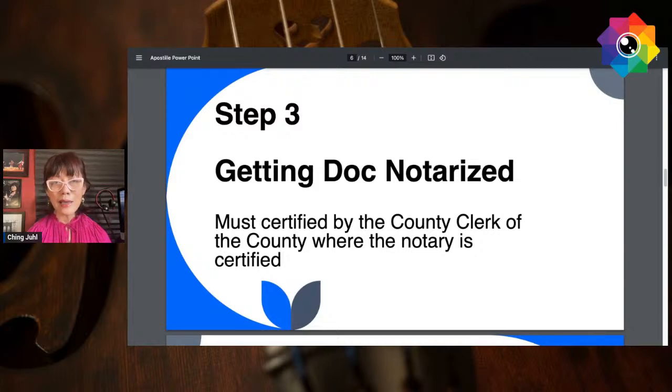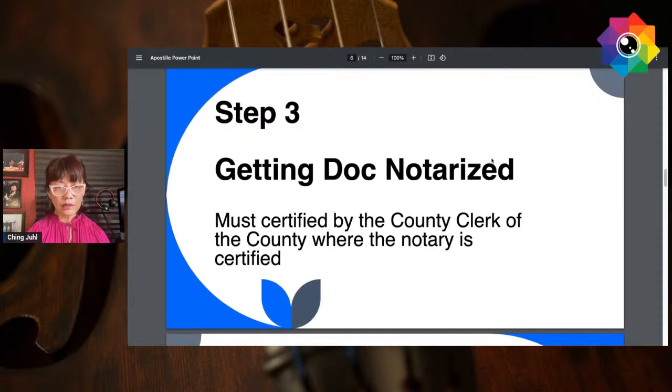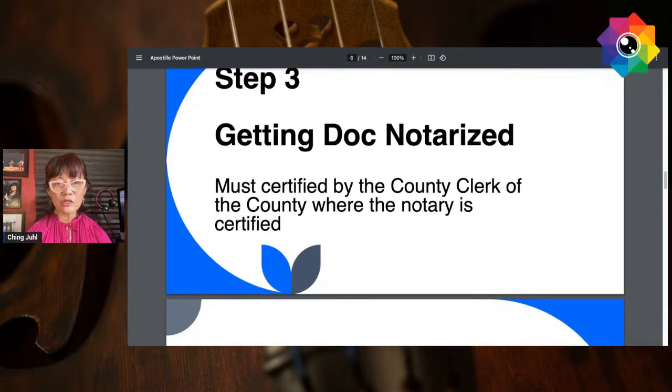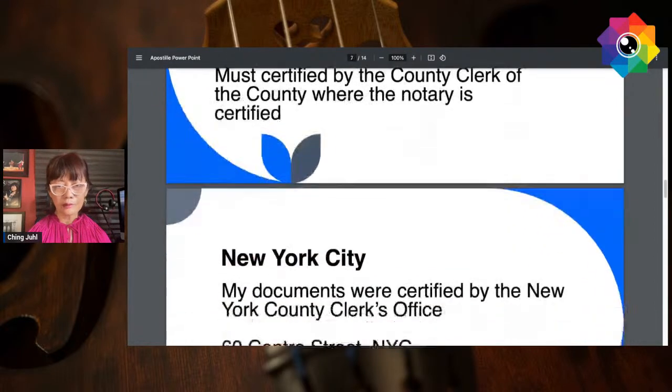I went to my bank and they don't even do notarization. So what I did, I actually just stumbled onto it, because when you go to the New York County Clerk's office, they do notarize for you. So most are certified by the county clerk.